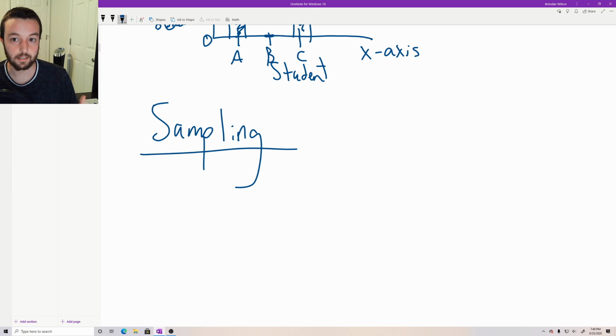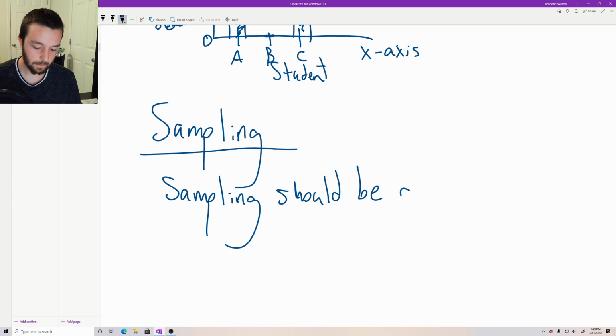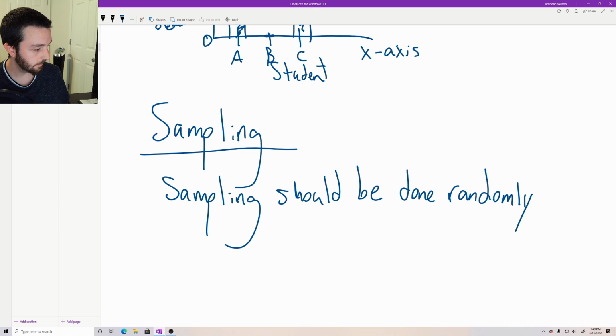But at the end of the day, what we really need to make sure of is that our sampling should be done randomly. Okay. This is the biggest part.